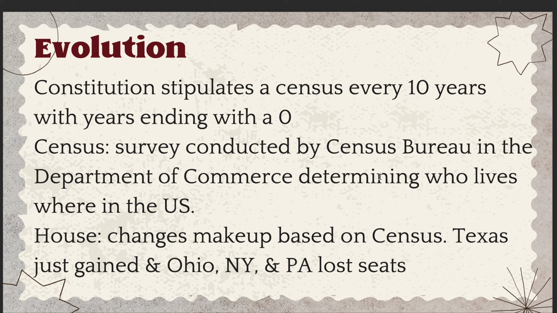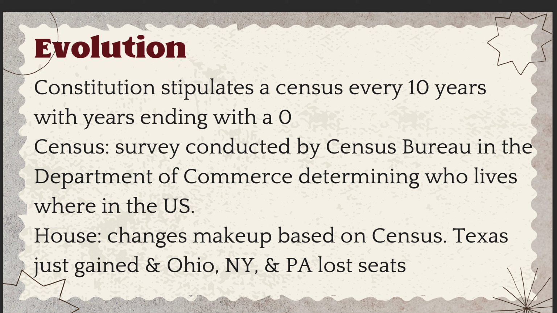The survey is conducted by Congress, and it determines who lives where in the U.S. And then this is determined to make up the House. So remember, the House changes based on population. We have to figure out where the population is to decide those changes.